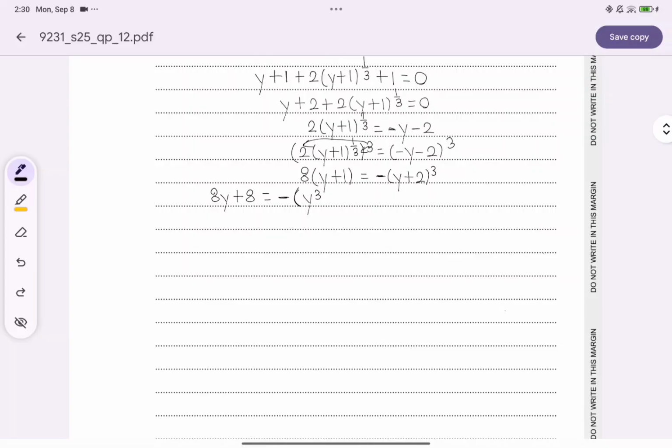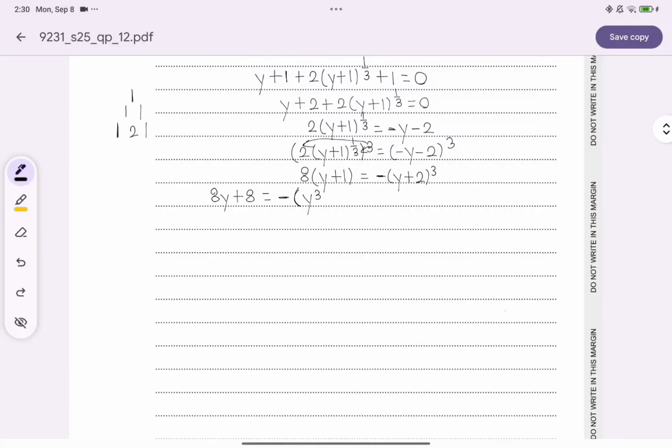Okay, so for this we're going to have to use our binomial expansion formula, and the way I like to do it is to use Pascal's triangle. So it's something like this. The diagonals would be 1, and to get the middle terms you add the previous diagonal. So 1 plus 1 is 2.